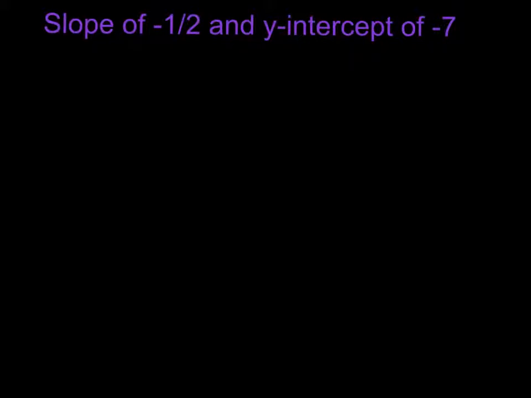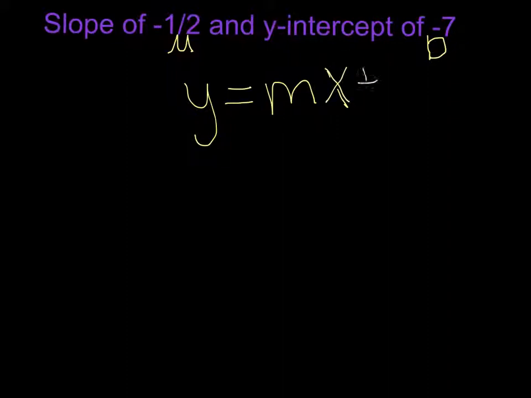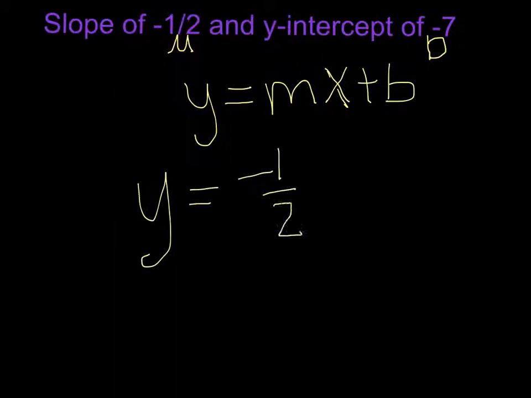You have a slope of 1/2, recall that's our m, and a y-intercept of -7. Again, that's our b. So if we're going to plug it into the equation y = mx + b, all we need to write is y = 1/2 x - 7.